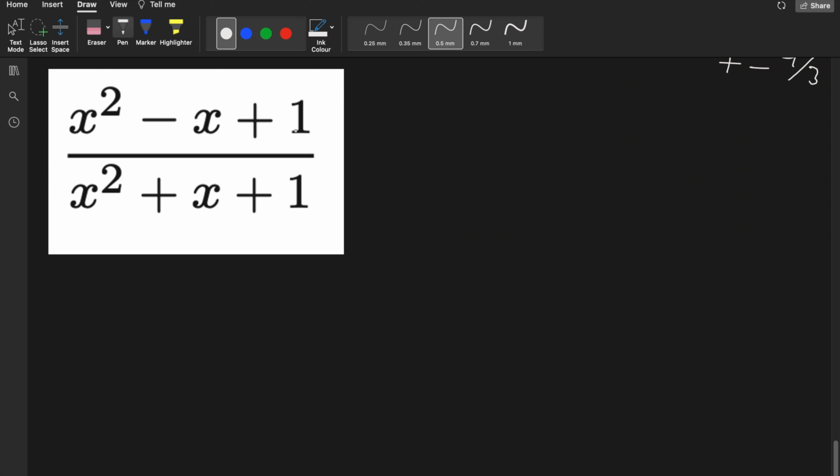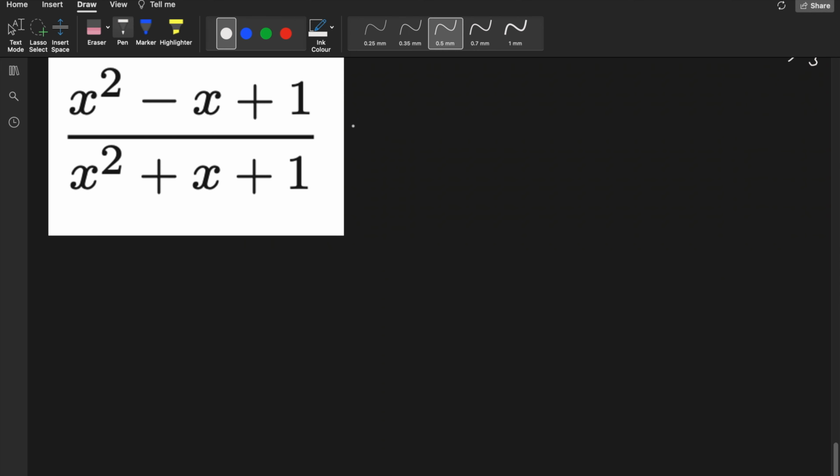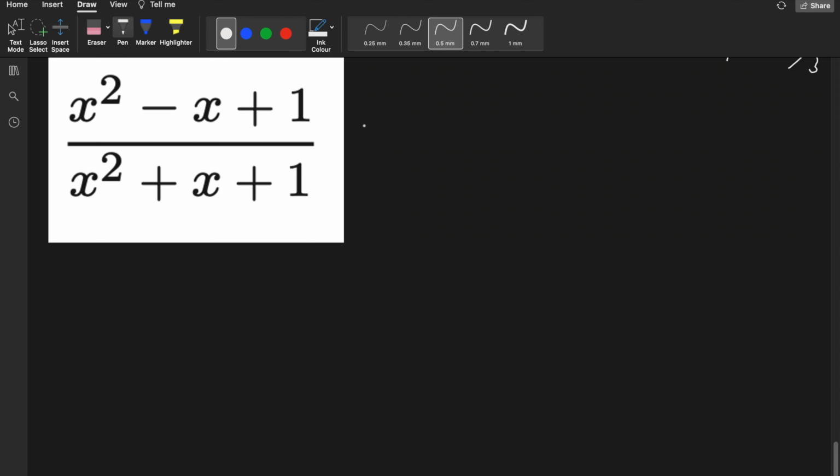So this is our question. Like always, we write the divisor over here, enclosed by this symbol, with the polynomial inside, which is also known as the dividend.